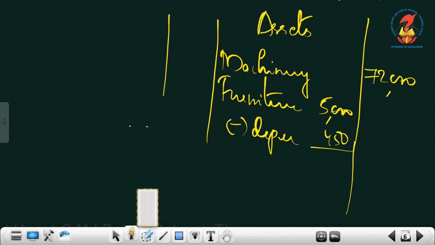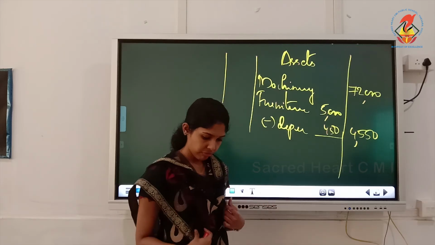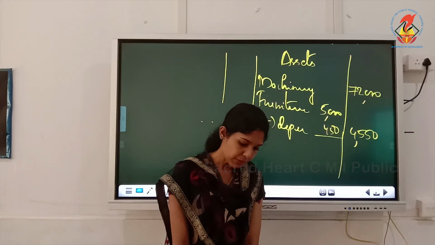You can write like this, no need to separate. It is 4,550. Then just go through the trial balance items, see whether you have any other fixed assets. Okay, fixed assets are over. We recorded that furniture and machinery.